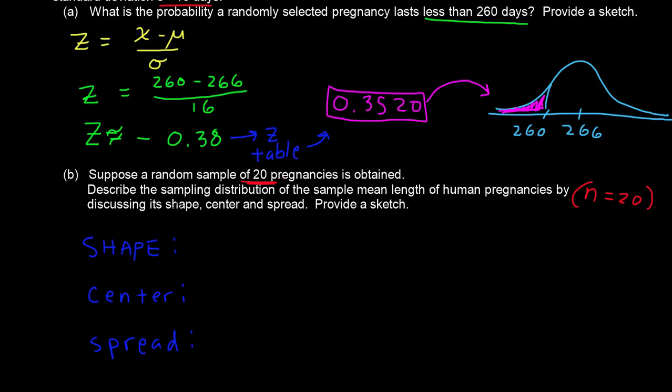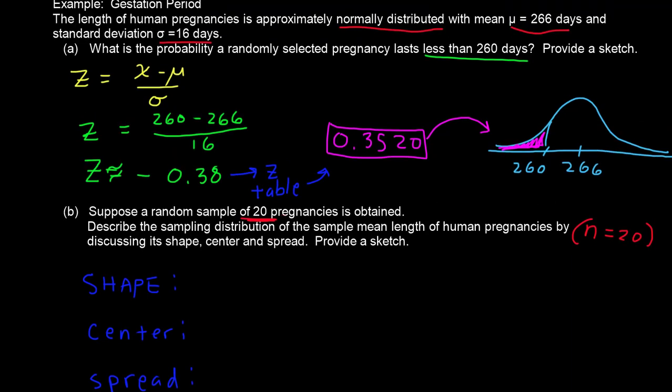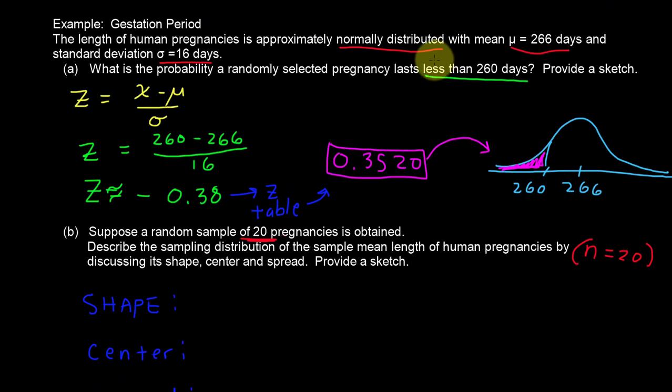So the shape here, we were told in the beginning of the problem that the original population was normally distributed. So that is going to apply directly to this sampling distribution. So over at shape here, I'm going to state that the sampling distribution is normal because that was given in the problem.